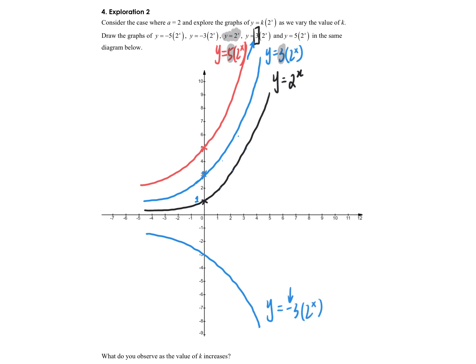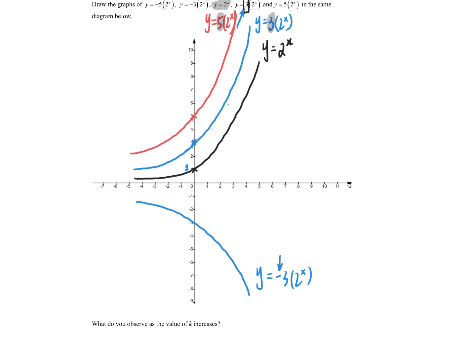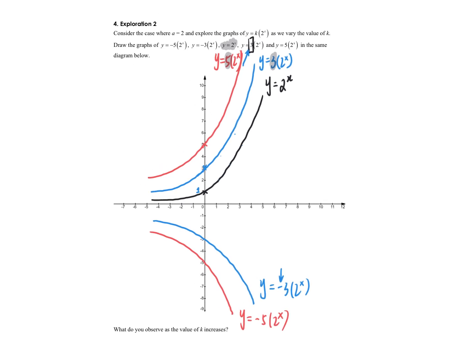Negative, so flip downward. Same for your 5, flip downward. Okay? Will I test you in this way? Quite unlikely, but good to know its behavior.